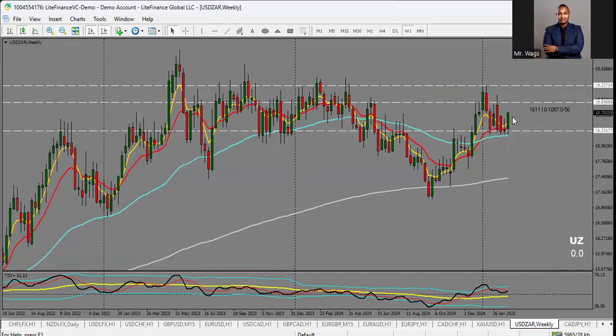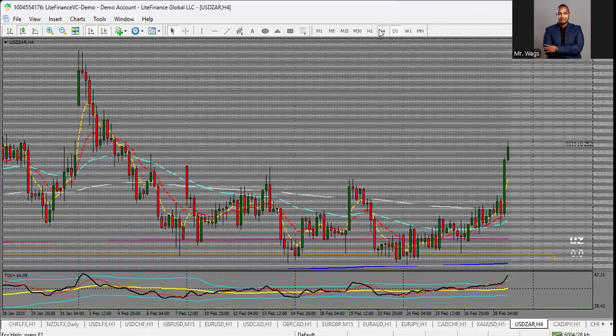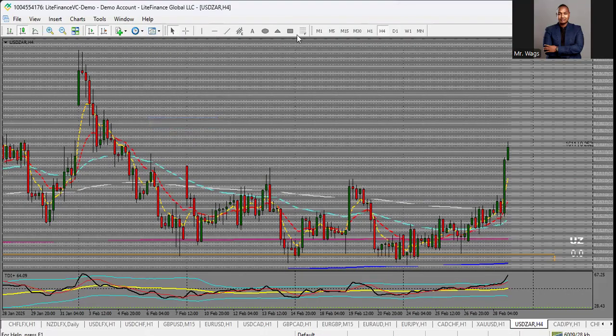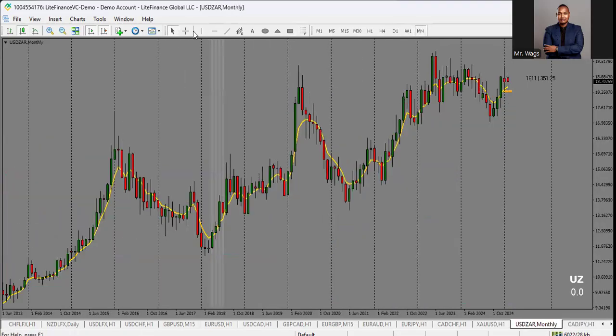So the weekly candle close last week indicates a very strong momentum for us to buy USDZAR. It just formed a very good support area here. So very good accumulation, and we are going up. Okay, so the exotic template again. Draw these lines.